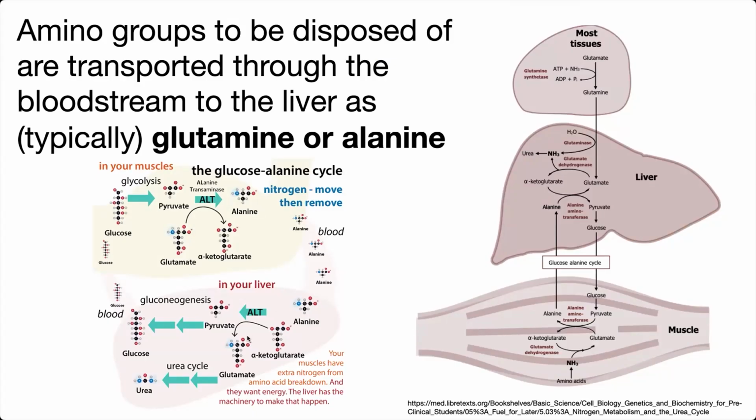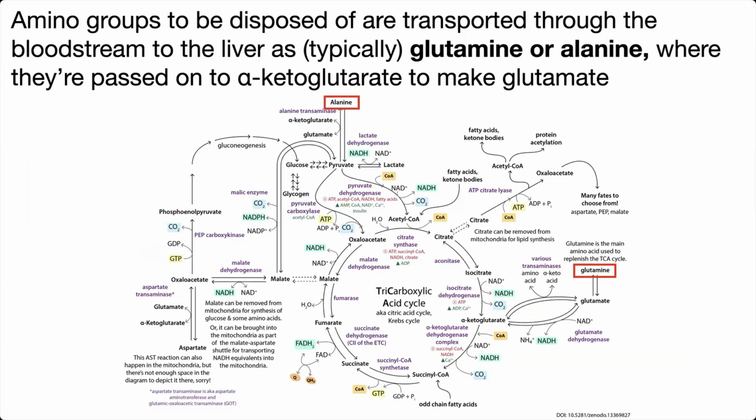Now, I know we were just talking about glutamate, but glutamate is going to be charged and it's a neurotransmitter and things like this, so we don't want to just be sending it through the bloodstream. So instead, we are going to send glutamine, or we're going to send alanine. With glutamine too, now we're sending more amino groups than if we were just to send our glutamate.